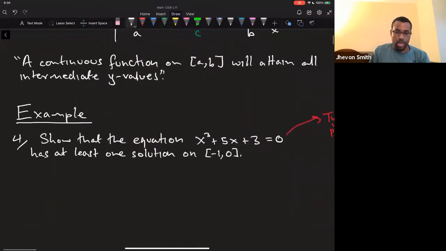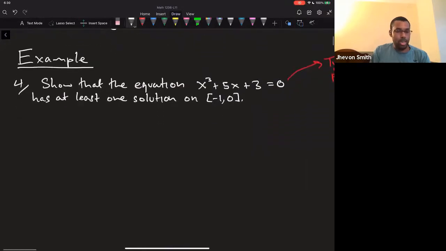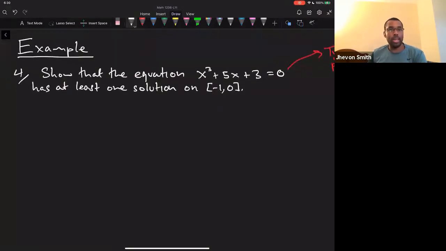Okay. So here's an example, and it also shows how you can actually use this theorem. So usually in this class, I'm pretty much going to ask you to use this theorem to solve an equation. Or not to solve an equation, more specifically, to show that an equation has a solution.